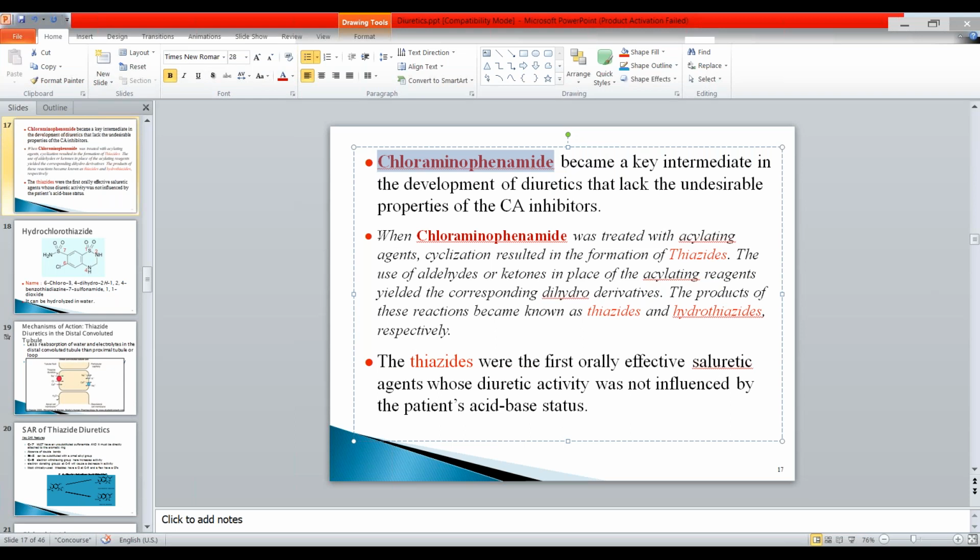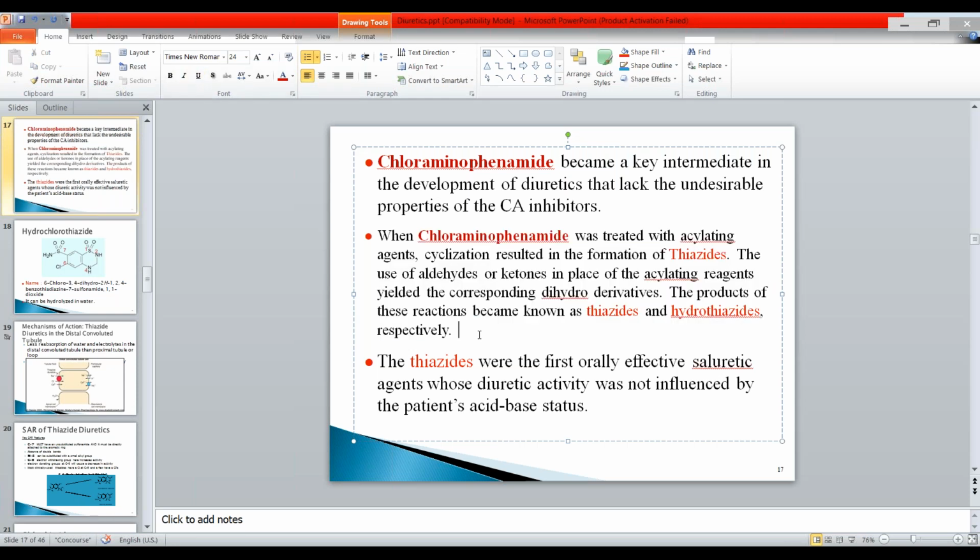One of the biggest disadvantages is that it puts pressure on sites 2 and 4, causing excessive loss of potassium from site 4.